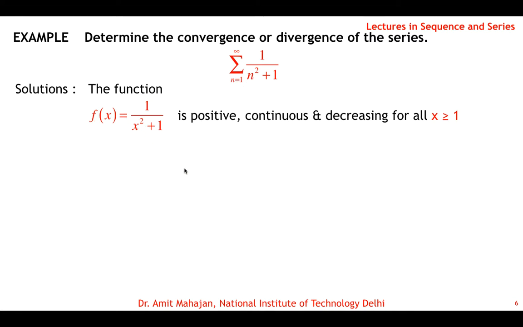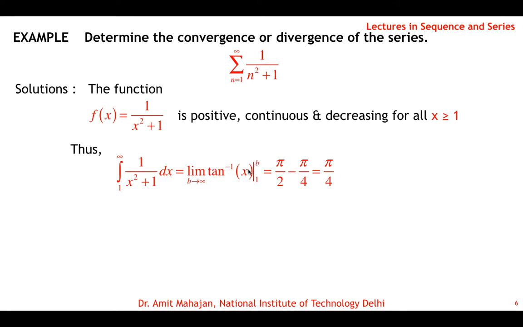So if we calculate the integral of this from 1 to infinity, and if that value is finite, then this converges. If that value is infinite, then this diverges. So if we calculate the integral from 1 to infinity of 1 by x squared plus 1 dx, we know the integral of this is arctan of x, or tan inverse of x, with b tends to infinity, from 1 to b.